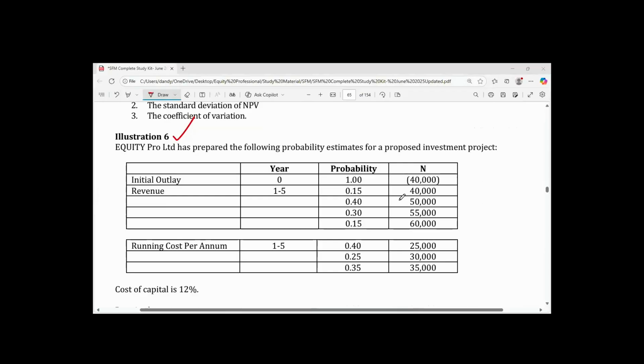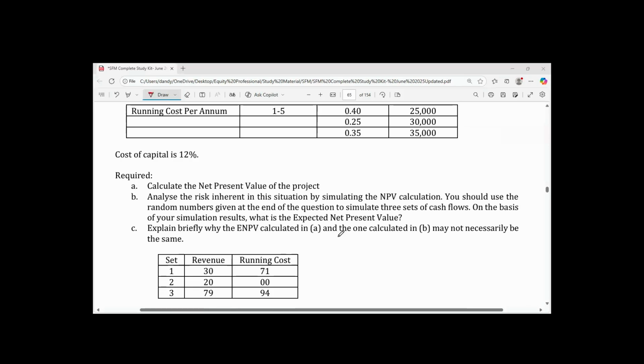Equity Pro Limited has prepared the following probability estimate for a proposed investment project. So the initial outlay, okay. Cost of capital is 12%. Required: A. Calculate the net present value of the project. B. Analyze the risk inherent in this situation by simulating the NPV calculation.